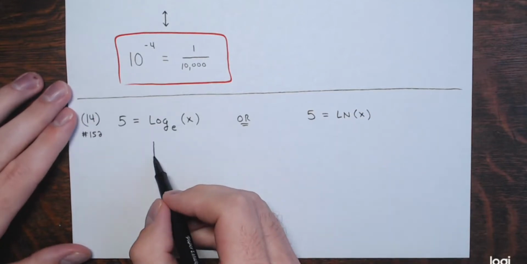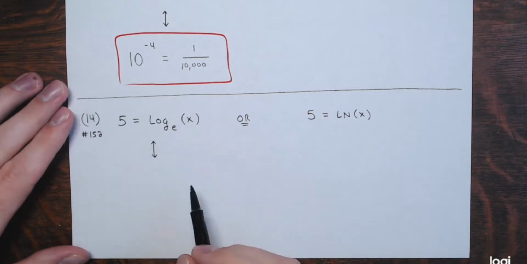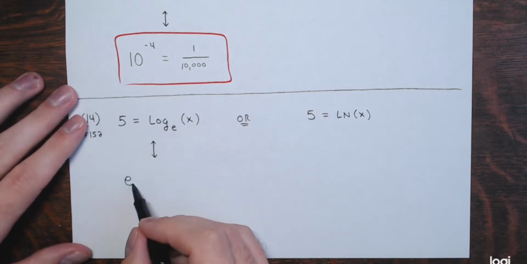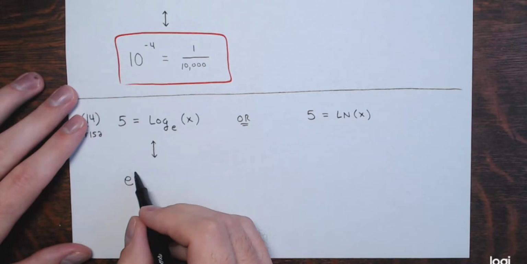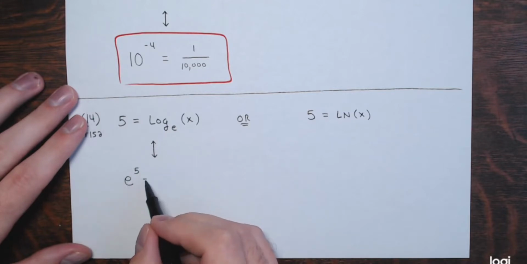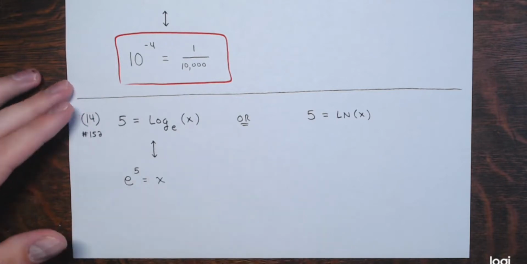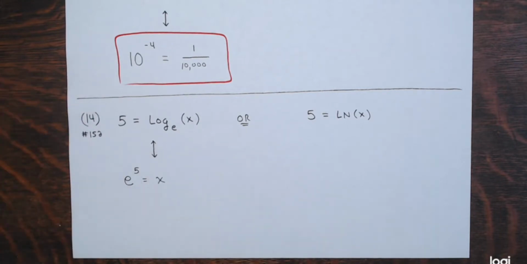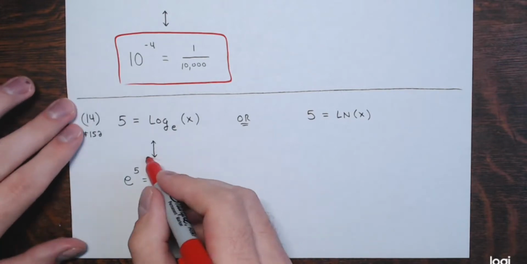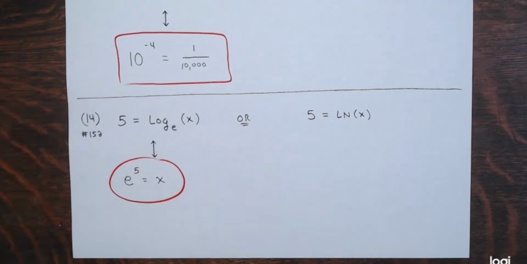But when I change this to exponential form, the base is e, and what the log is equal to is the exponent. e to the 5th equals the argument of the log, the expression inside the log, x. e to the 5th equals x. And that's it.